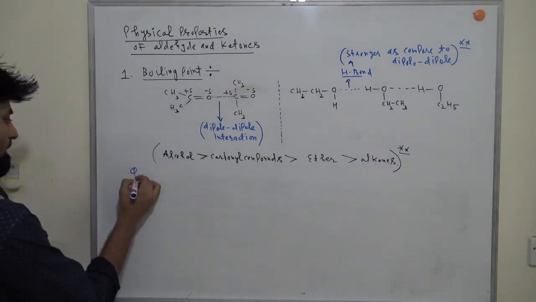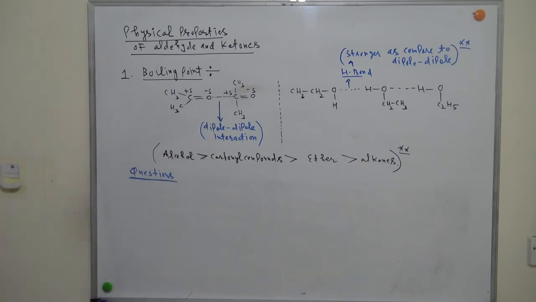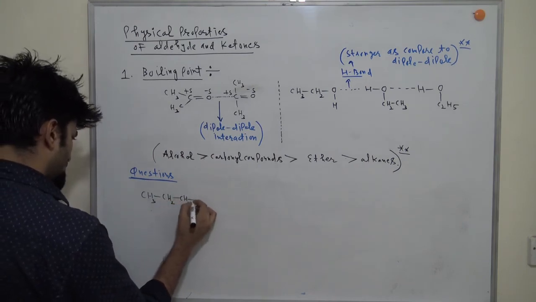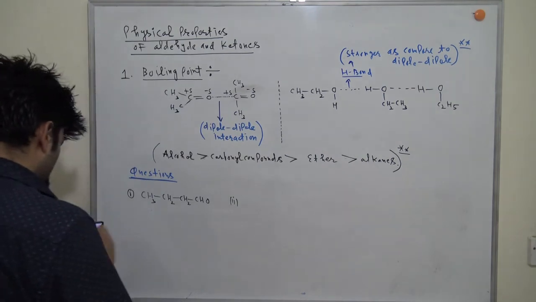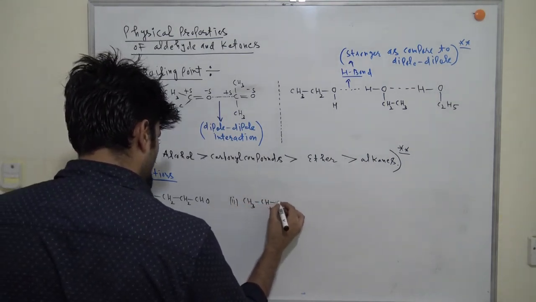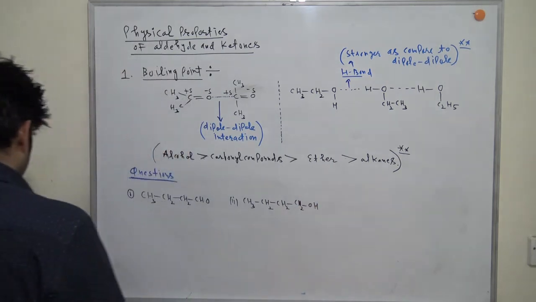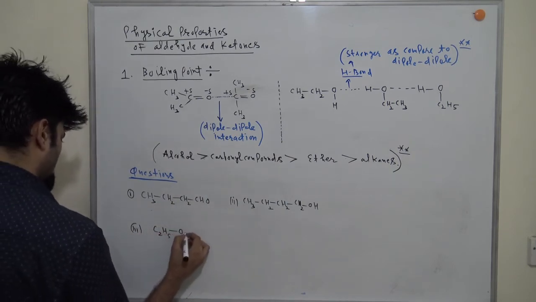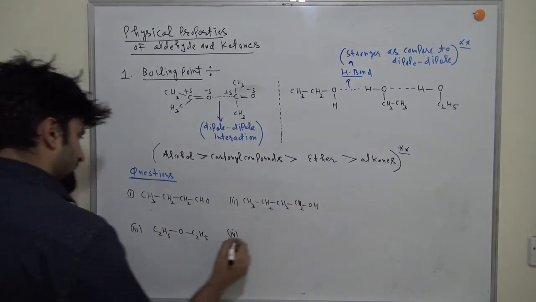What are the questions? First is CH3CH2CHO, second one is CH3CH2OH, third one is C2H5 ether, and fourth one is alkane.